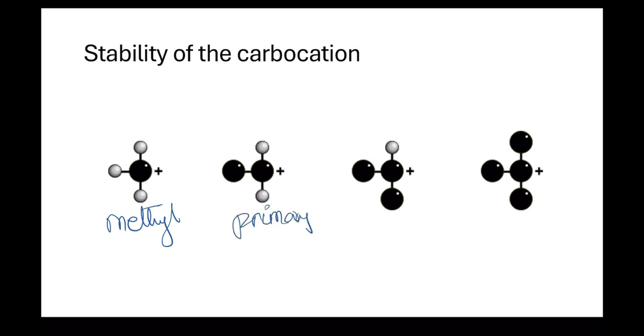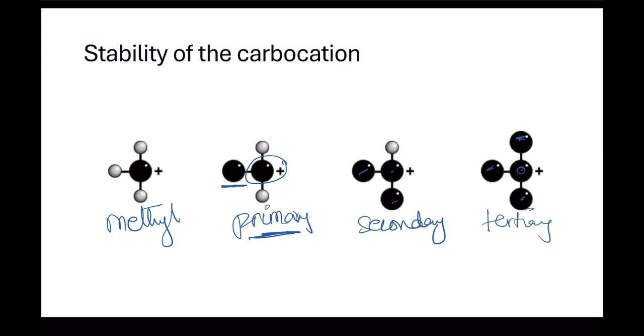Let's look at that first. So this is a carbocation. If it's attached to only one carbon, we call this primary. This is another carbocation, but this is attached to two others, so we call this secondary. This is another one, but this is attached to three others, and we call this tertiary, right?